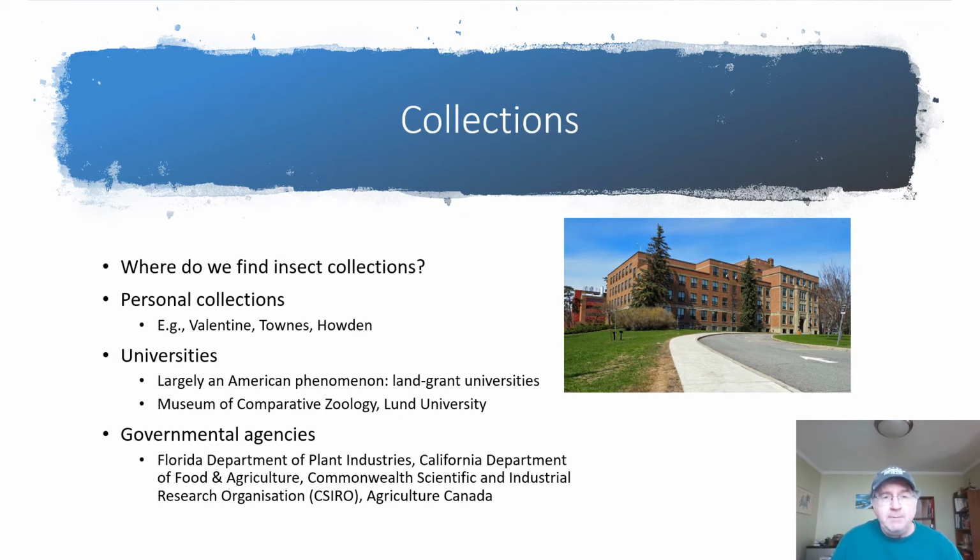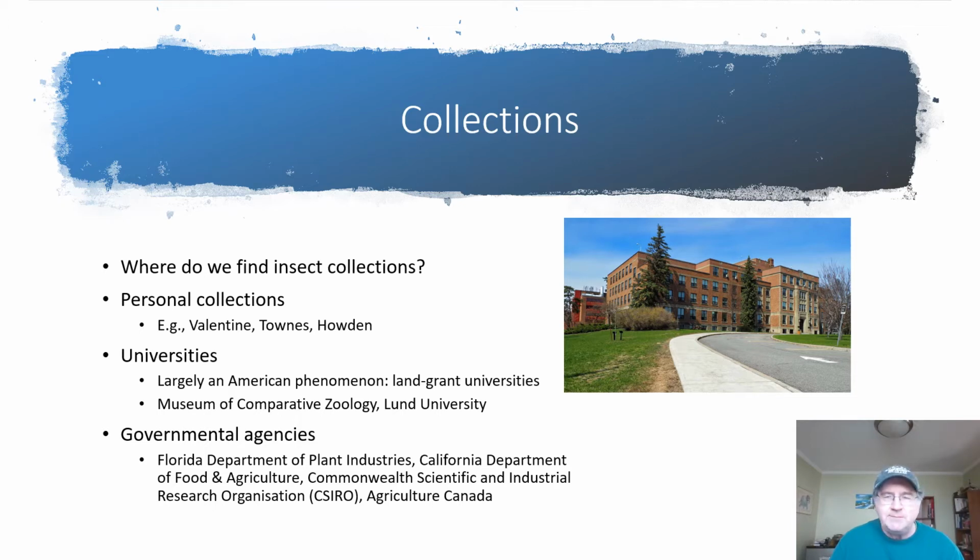A couple of universities that are not land grant universities I wanted to mention was the Museum of Comparative Zoology, which I think is kind of a hybrid between a private organization and its association with Harvard University, but that's located in Cambridge, Massachusetts. And one of the other major insect collections I know of at a university is at Lund in Sweden.